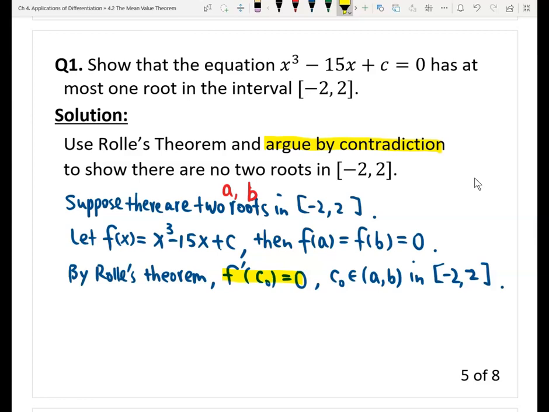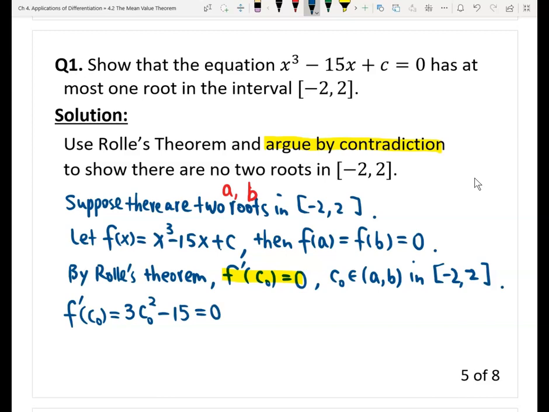This equation is not difficult to solve. Let me solve it and see what I get. Because this is a polynomial, the derivative is easy to find: 3 times c0 squared, minus 15, equals 0.